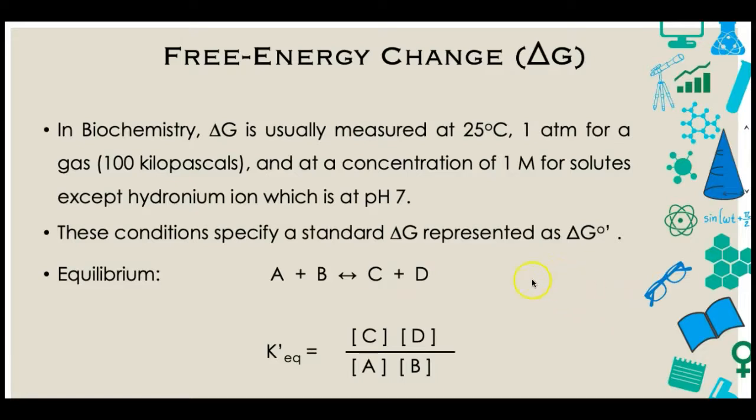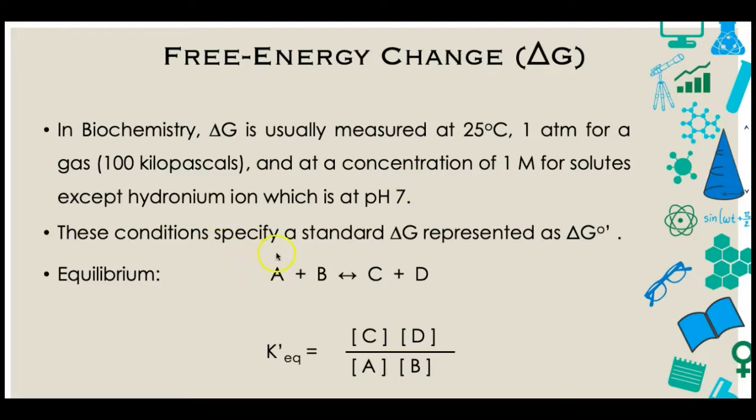In biochemistry, the free energy change is usually measured at 25 degrees Celsius, 1 atmospheric pressure for a gas, which is 100 kilopascals, and at a concentration of 1 mole for solutes, except for hydronium ion, which is at pH 7.